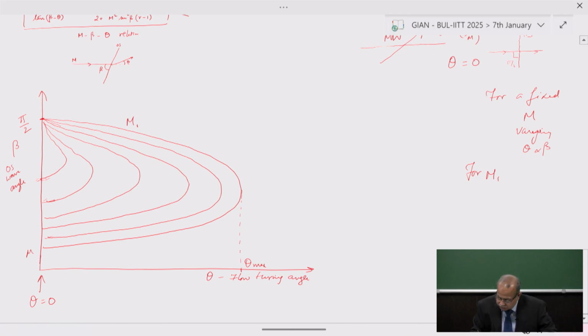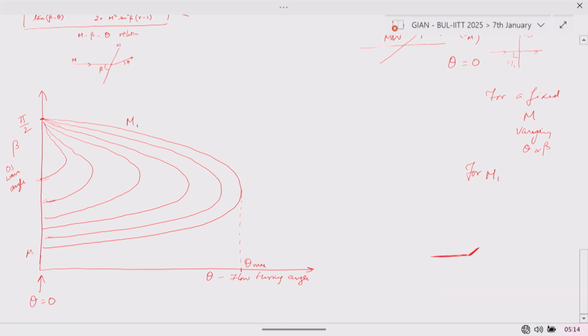So what does it mean here? When you have a flow encountering a concave corner, you have an oblique shock. If this is an angle theta, there is an oblique shock. This will cause the flow to turn exactly by the angle theta. Now, you can have the flow turn up to theta max.